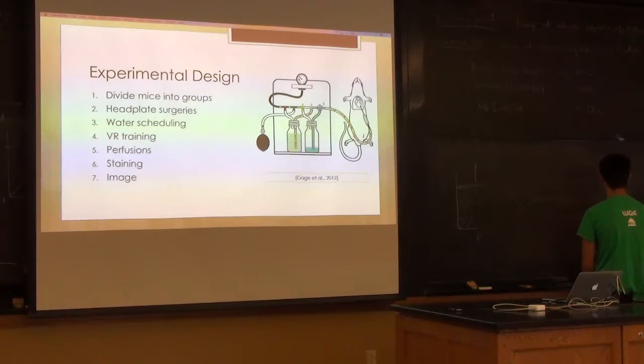Image brain for neuronal activity? Yeah. Okay. You see how we start with the mice, we're going to split them into 3 groups, 1, 2, 3.